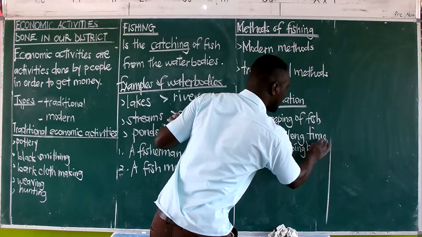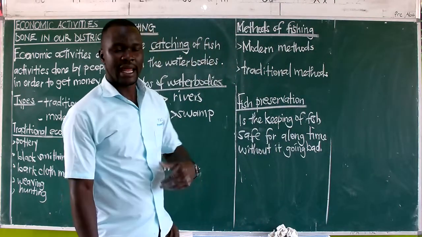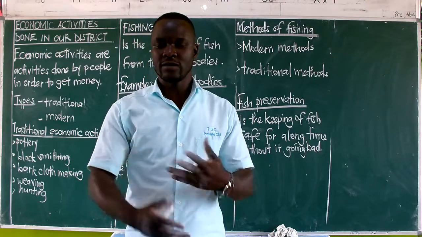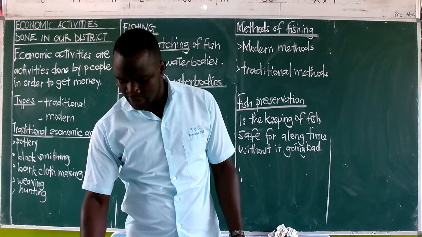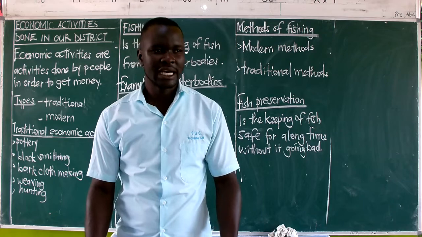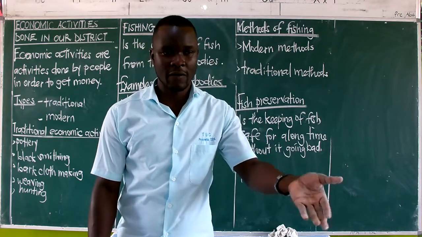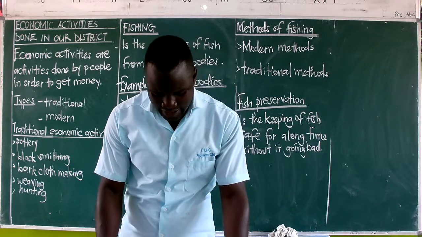That is what we mean by fish preservation: a way of keeping fish safe for a long time without it going bad, such that if a fish was caught today, that fish can remain good for other days. So which methods are these?